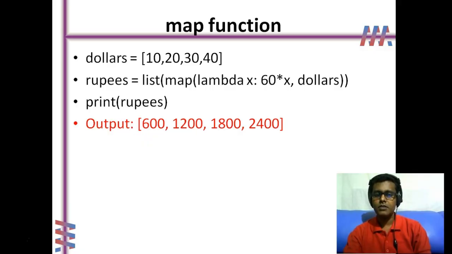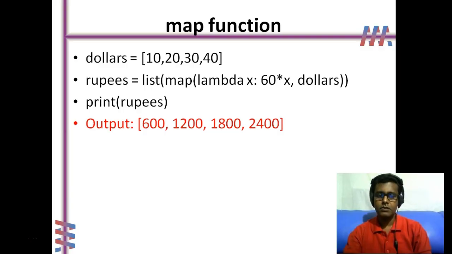This lambda function will be given as input to the map function, map of the lambda function comma the input dollars. These dollars is nothing but a list. This list will be supplied as the input to the map function, and these dollar values will be automatically mapped to rupees with the help of the lambda function.